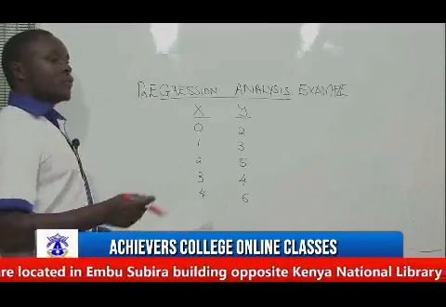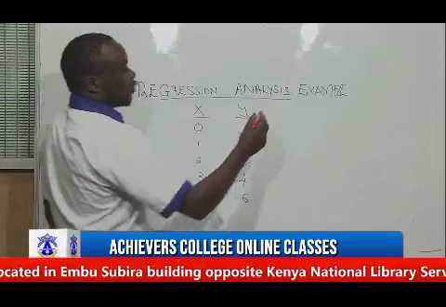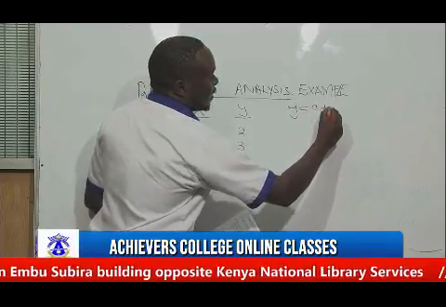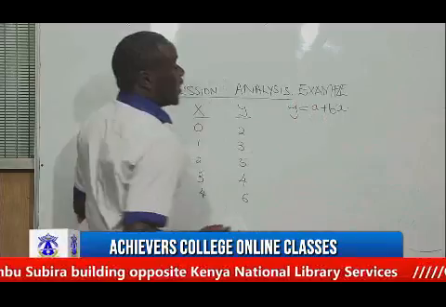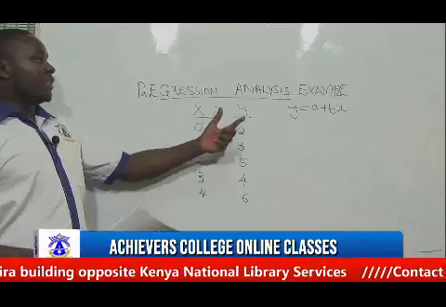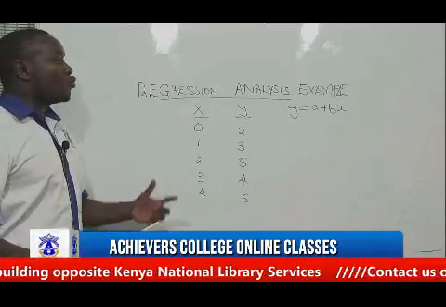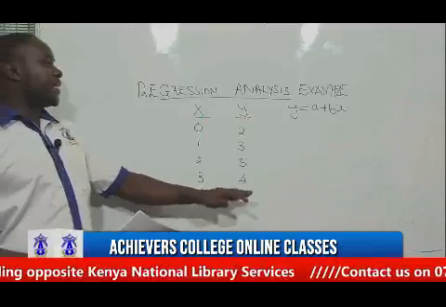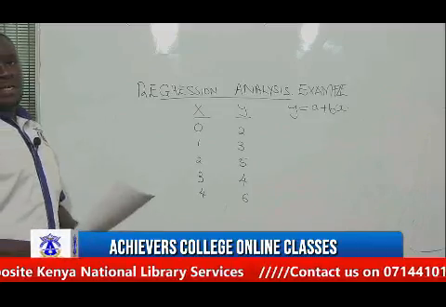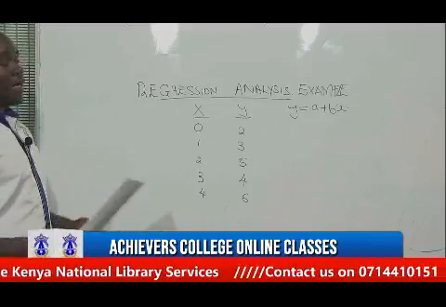Given that, you are supposed to look at what we have always been talking about, y equals a plus bx. Don't forget that is our regression function. You cannot examine any regression equation without using a normal equation.